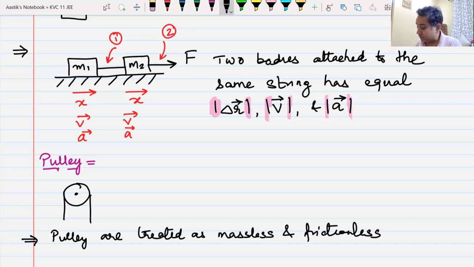Whenever we come across pulleys, they will be treated as massless and frictionless. In short, they will be known as ideal pulleys.